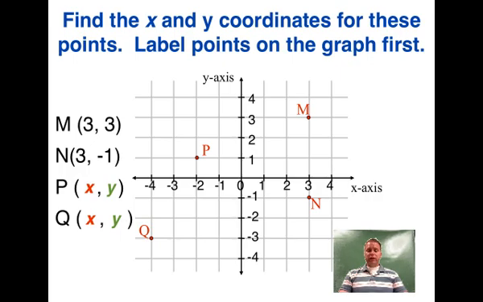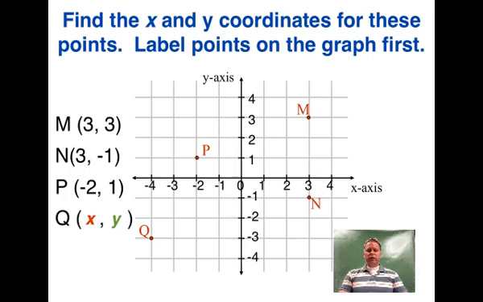Try the same thing again with point P. Take a guess as to what the x value would be and what the y value would be. So for the x value, we look down below, it's at -2. For the y value, we look to the right this time, and to the right it is +1.